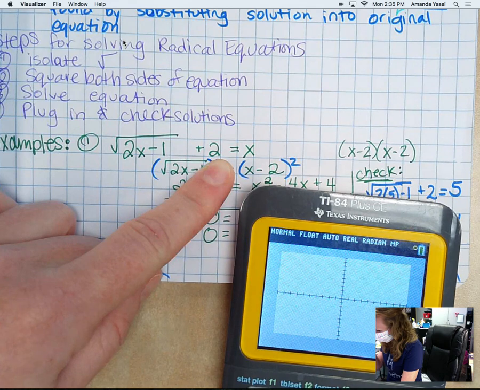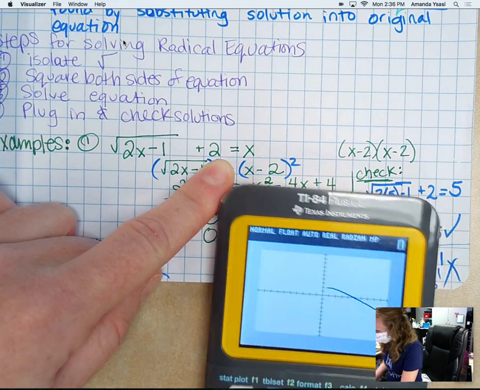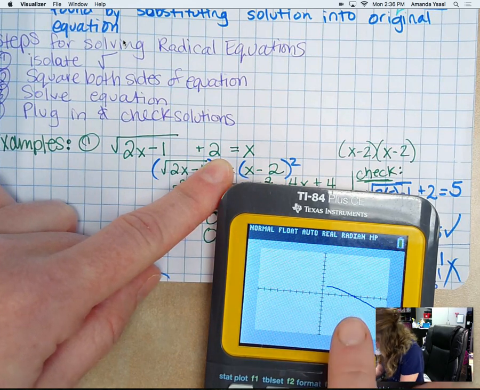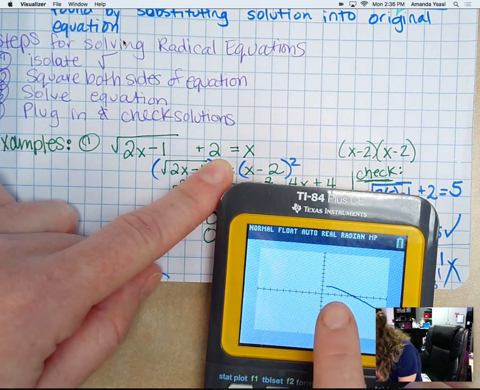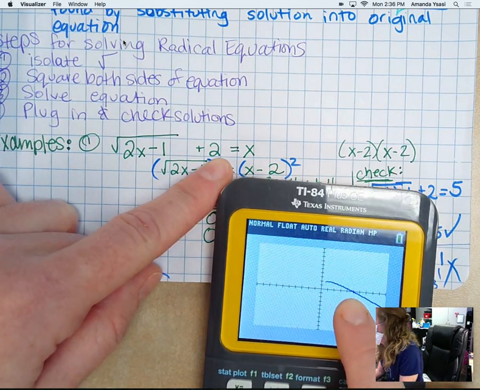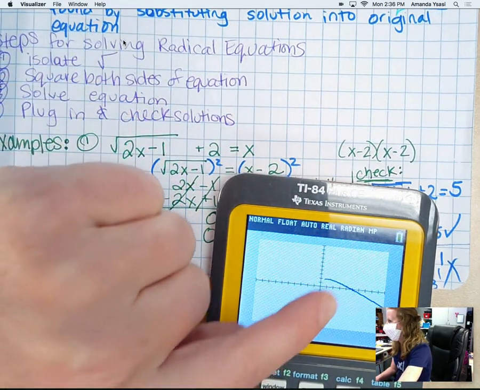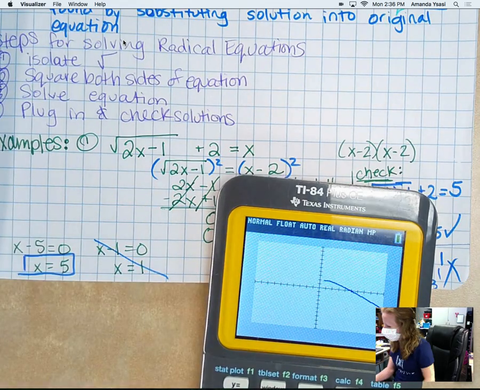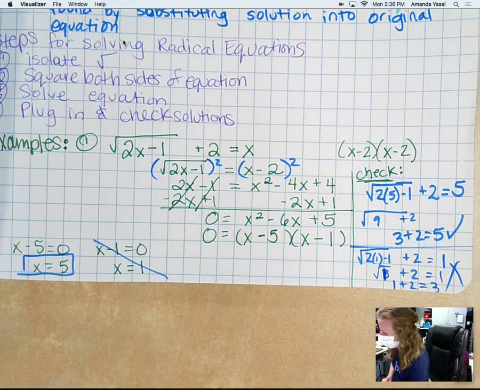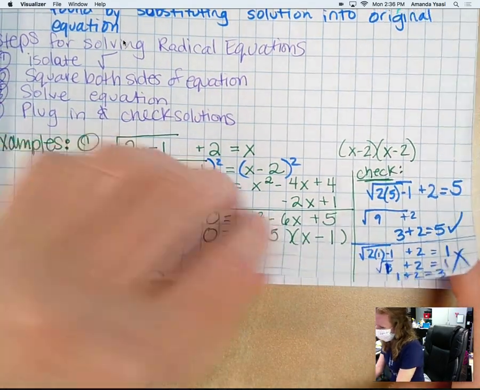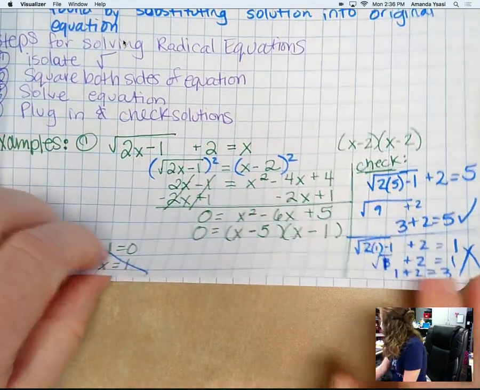Let's see if this works. So our only solution is 5. You see where it intersects at 5? And there's an asymptote right here, because it's only doing the positive side of it. Good notice, though. You did good on noticing that.